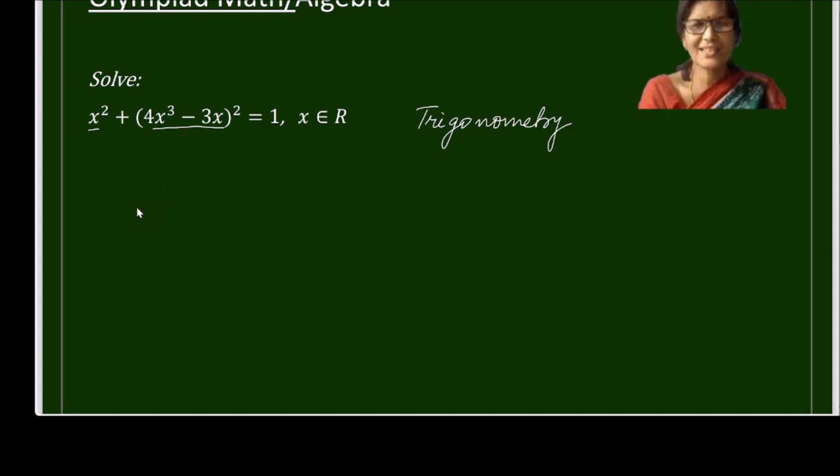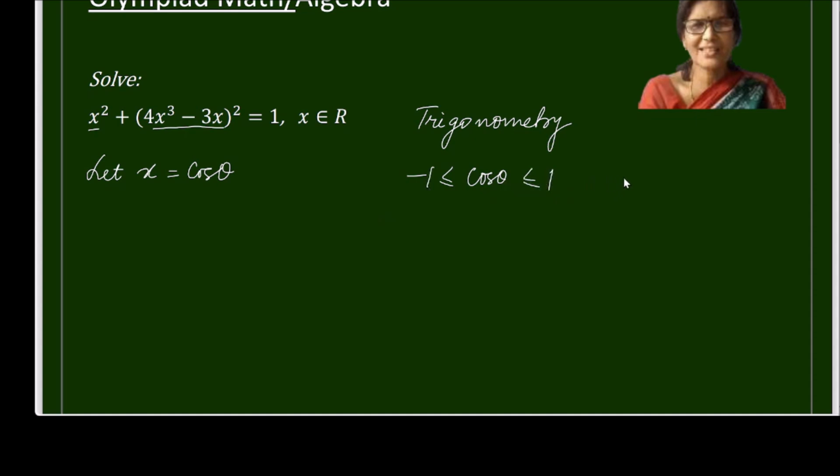I welcome your feedback. So here I am applying trigonometry. That means I am taking let x is equal to cos theta. And before that, I should take care of what is the minimum and maximum value of cos theta. That is negative 1 to 1.